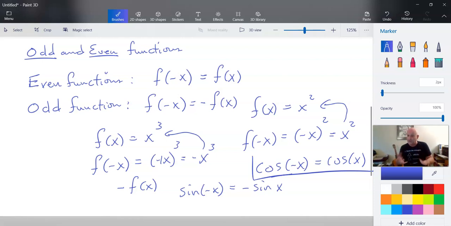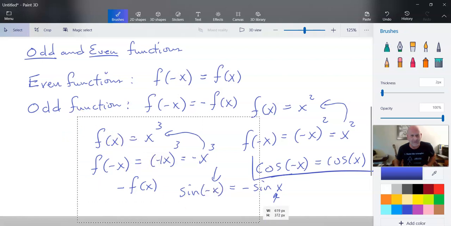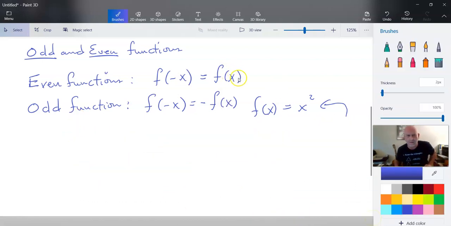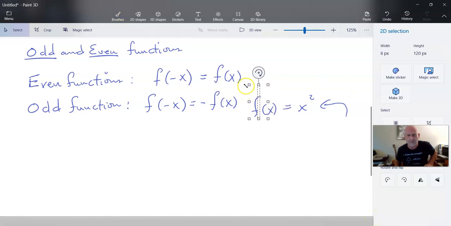So it's actually quite useful to have an odd function because pulling a negative through it oftentimes makes life easier because, well, quite honestly, this is often a pain to deal with, and this isn't. So that's really the bottom line. Okay, now that's the formal definitions. So let me get some of these examples off of here.